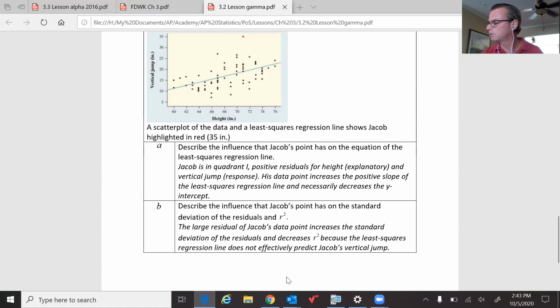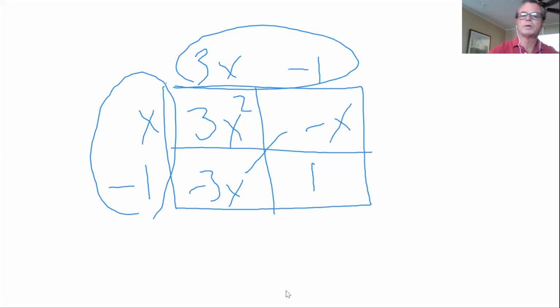If you have these data points, and then you have the grand mean, which is the mean value of the inputs and the mean value of the outputs.